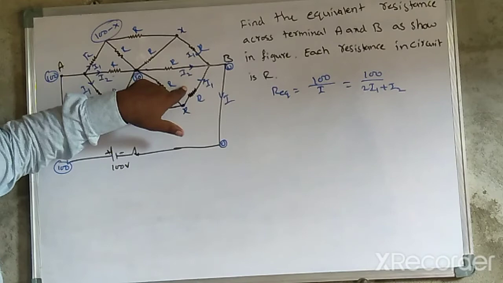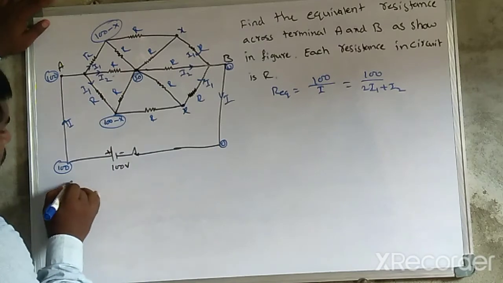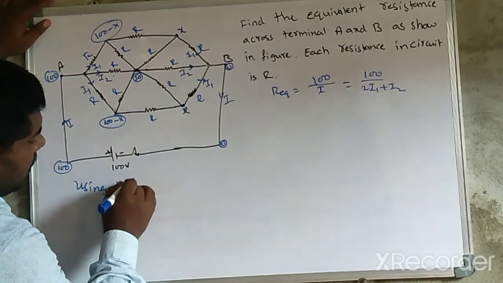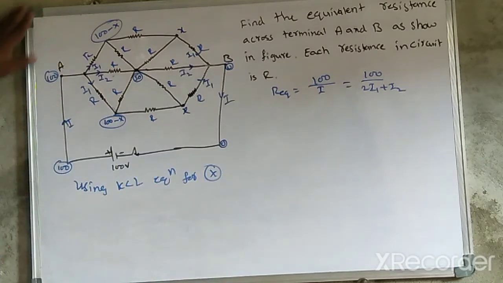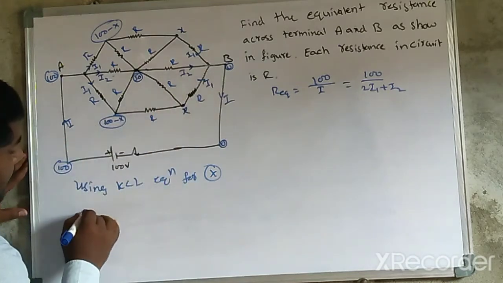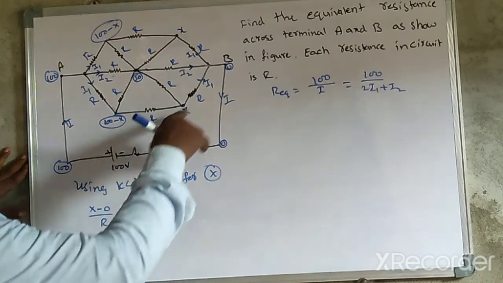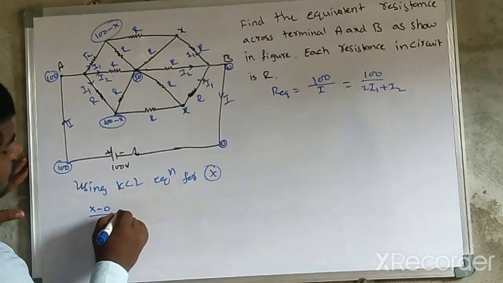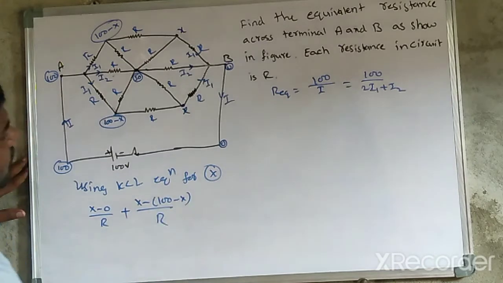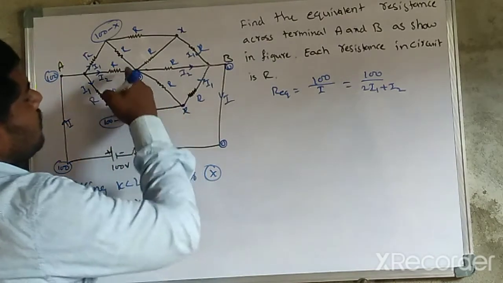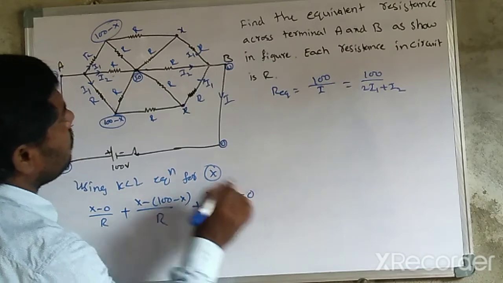So that's why you may apply the KCL equation for X. So (x minus 0) divided by R, plus (x minus (100 minus x)) divided by R, plus (x minus 50) divided by R should be equal to 0.